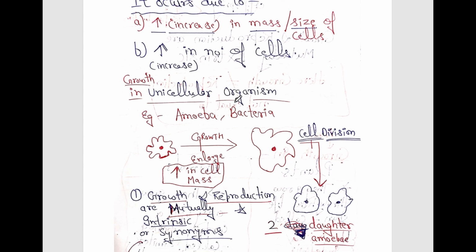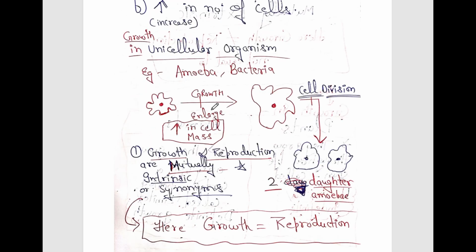Growth in unicellular organisms, for example amoeba and bacteria: you can see the cell, then enlargement of the cell, then cell division, then two daughter amoebae. Growth in unicellular organisms like amoeba and bacteria involves cellular enlargement and binary fission, leading to the formation of identical daughter cells.